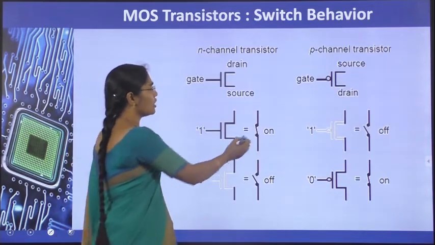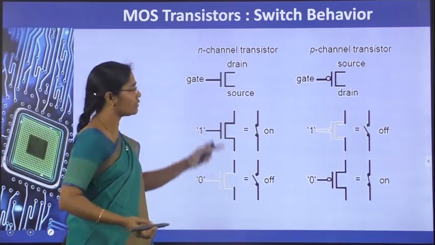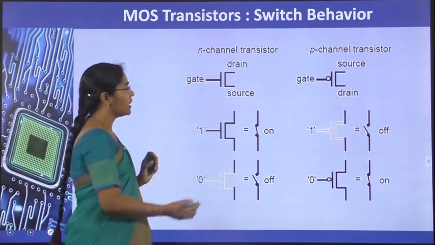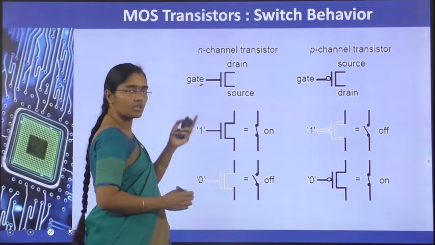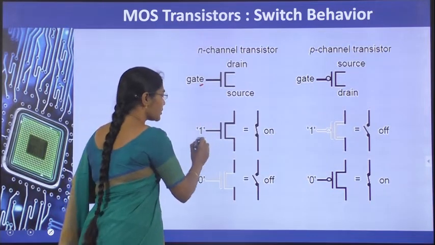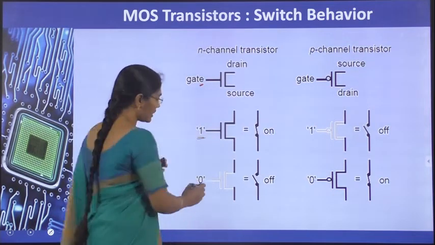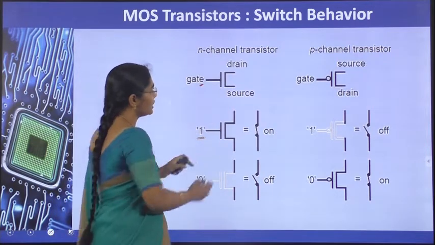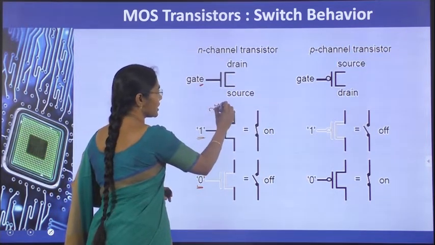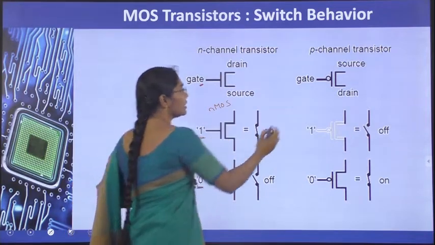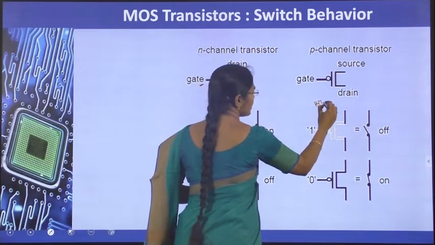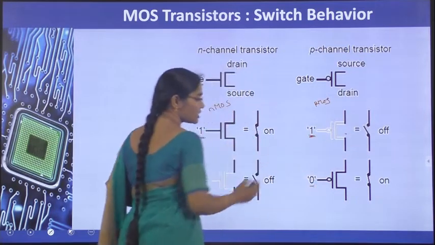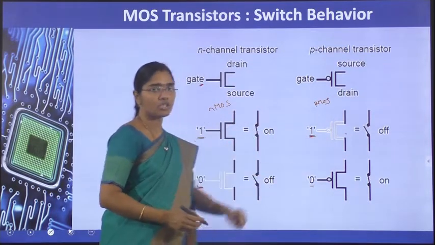The on switch or off switch of either the NMOS or PMOS transistors is represented here. NMOS will be on when the gate potential is logic high, and NMOS is off when the gate potential is logic low. Similarly, for the PMOS transistor, if the gate potential is logic high, it will be off, and if the gate potential is logic low, it will be on.